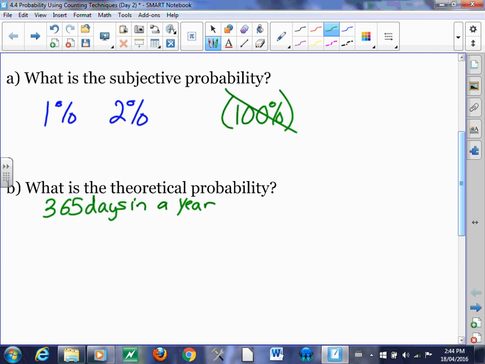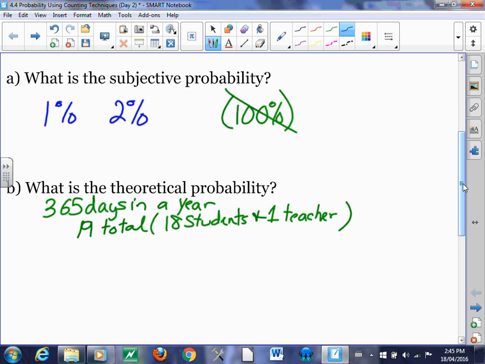So let's just do the example of there being 19 total: 18 students, plus me, the teacher, because I'm still included and I still have a birthday. So the event that we want, the outcome we're looking for, is that two people have the same birthday.